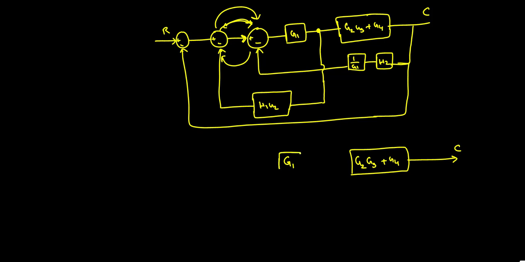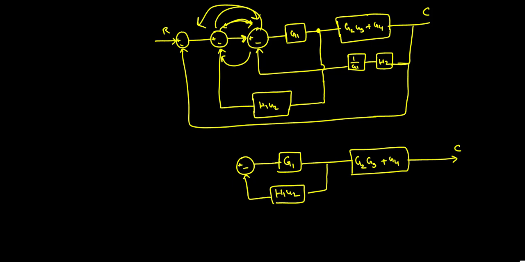For this G1, this summation path I am removing and bringing to here, right? The effect will come later. Now if I bring this here, this G1 H1 Z2 will form a path, right? Since I brought the summation here, this will just become G1 H1 Z2.